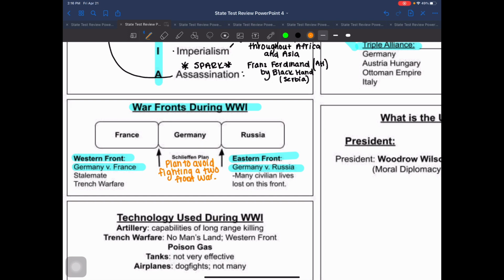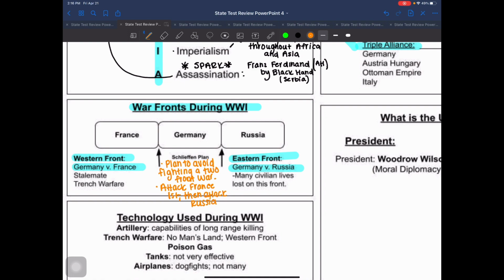What this plan entails, all right, is they want to attack France first, hurry up and defeat France is the plan, then attack Russia once France has been defeated.